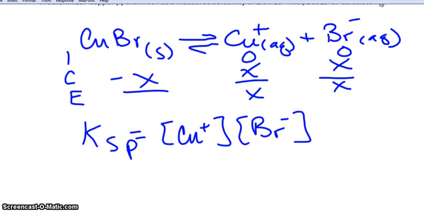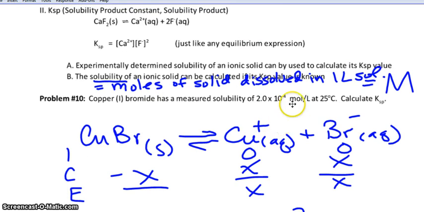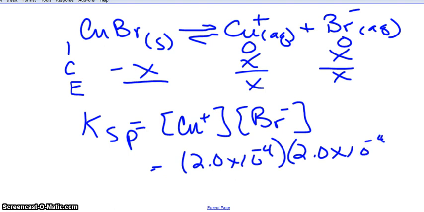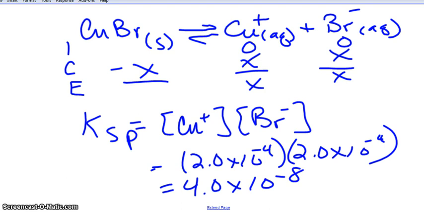That's the number they gave us. That is your 2.0 times 10 to the negative 4th. That is your X. So let's plug those in. Multiply. And that is the KSP value.